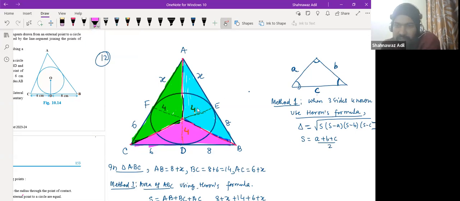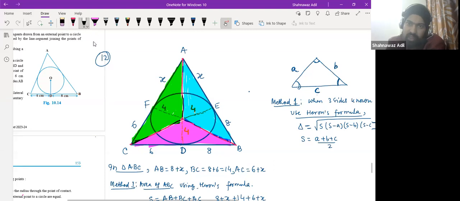Okay, so this is method 2. What we will do is calculate this cyan, green, and purple color areas, and we will add these three areas. So what will this give? This will give the total area of the triangle, right? Is it clear?